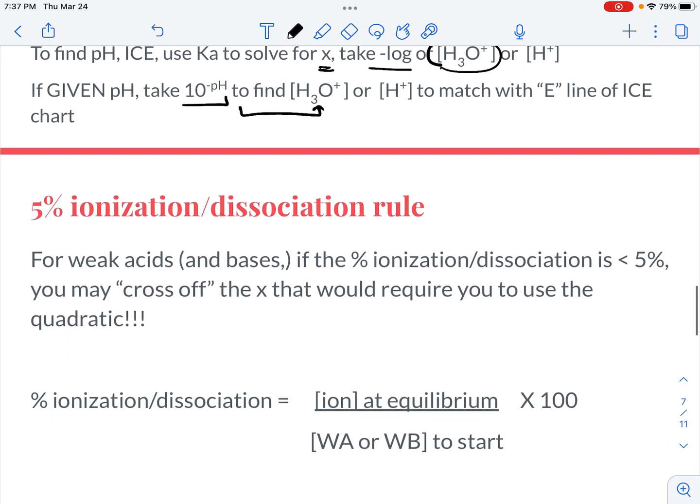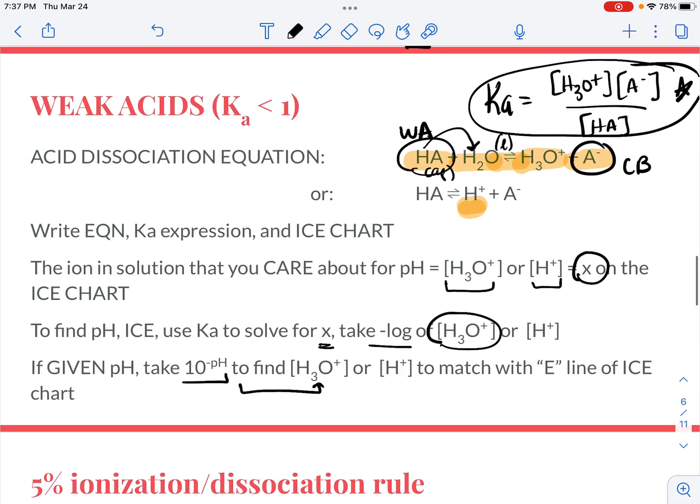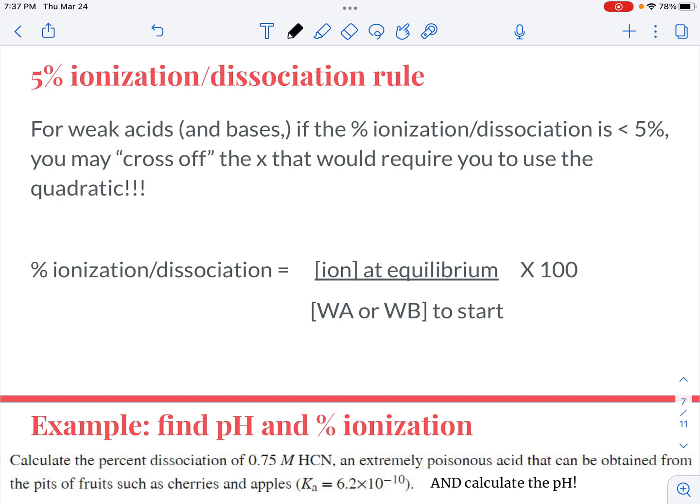All right, so let's do a couple of examples, but I do want to talk about one thing that's a reminder. The 5% ionization or dissociation rule means that when you don't have a perfect square, and you will not usually have perfect squares because the coefficients in our equations are all 1, so you won't have perfect squares here. You have an acid molecule forming 2 ions. So the X that would require you to use the quadratic, which is the minus X in your weak acid, is the one that you can cross off.